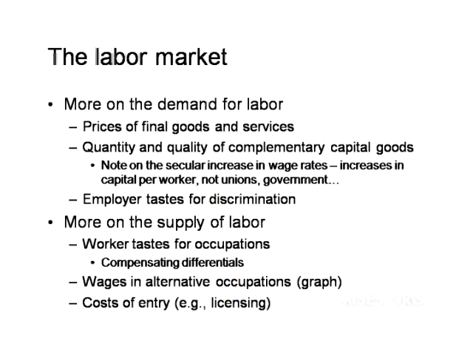One of the most important determinants of the marginal physical product of a unit of labor is the quality and quantity of complementary capital goods available. I mean, look, it's quite obvious if you think of a farmer trying to grow wheat with a scythe and a pick and a shovel.